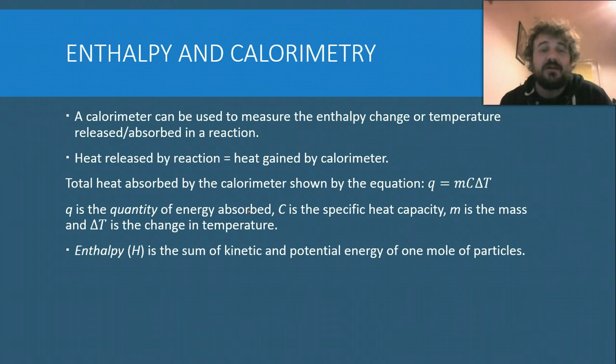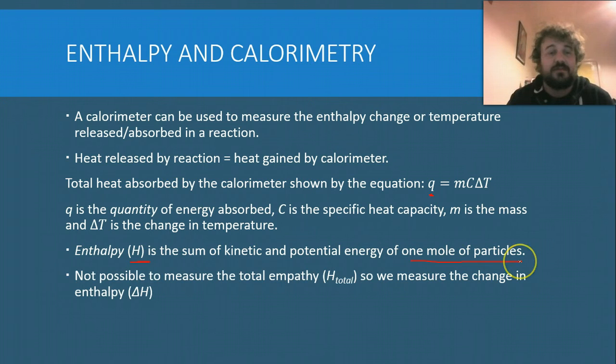So enthalpy is the sum of kinetic and potential energy of 1 mole of particles. So when we move from Q to H in a second, it's the mole of particles, which is important.